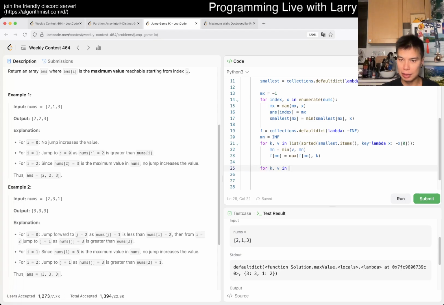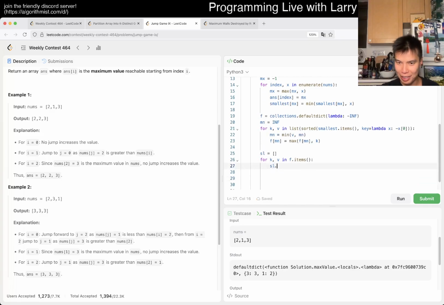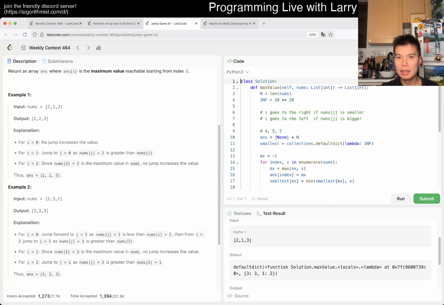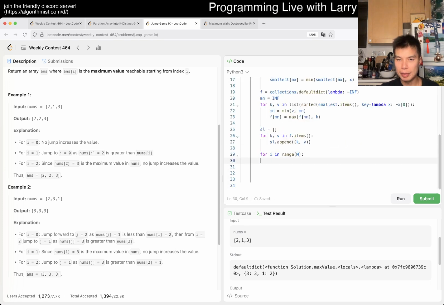So then now for key value in f.items, we just put it in a sorted list. I mean, I don't actually even have to put it in a sorted list because we can just sort it once in a binary search. I'm still going to call it sorted list. We want to put it in a key value. I think that's fine, maybe. I think that should be fine. And then now for i in range of n, yeah.